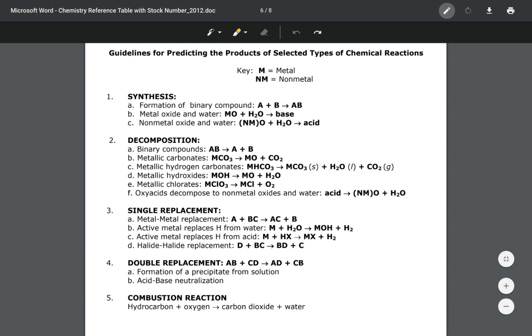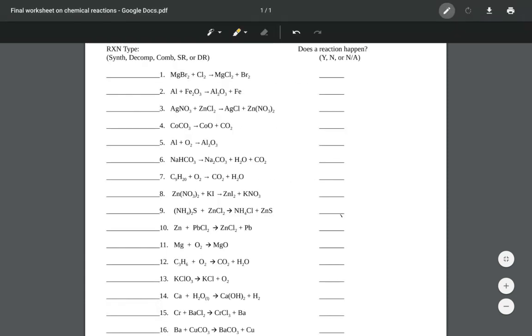your reference tables on page 6 down towards the bottom, it's got your general templates for each of the 5 types of reactions. And even though they're listed in this order, I suggest that you start with number 5, the combustion reactions, so that you don't get confused. So look for things that start with hydrocarbons and oxygen and make CO2 and water.